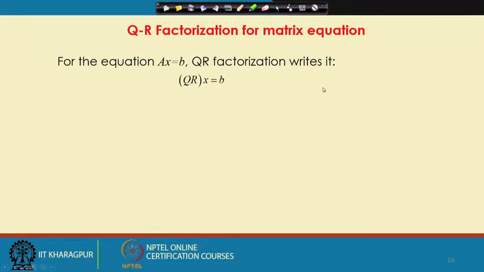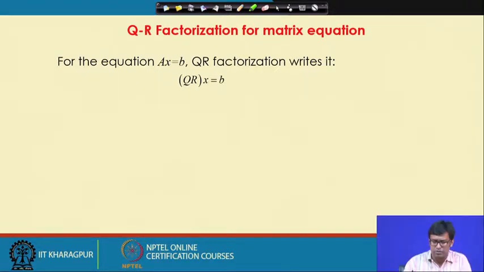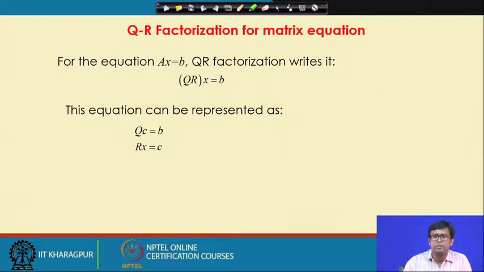Ax = B with a QR factorization will give us QRx = B, which can be represented as a system of two equations. First is Qc = B, with Rx = c.